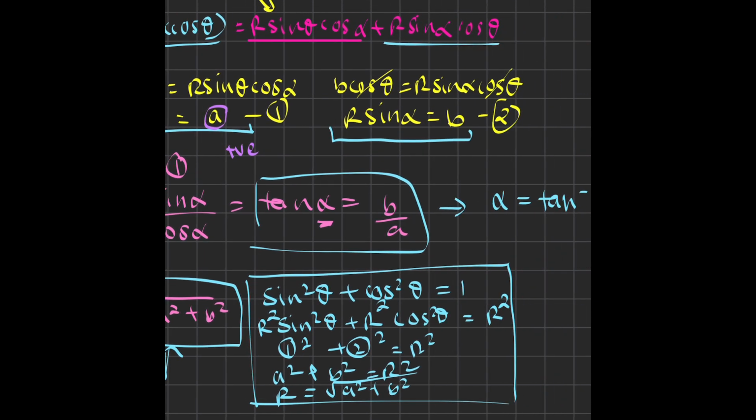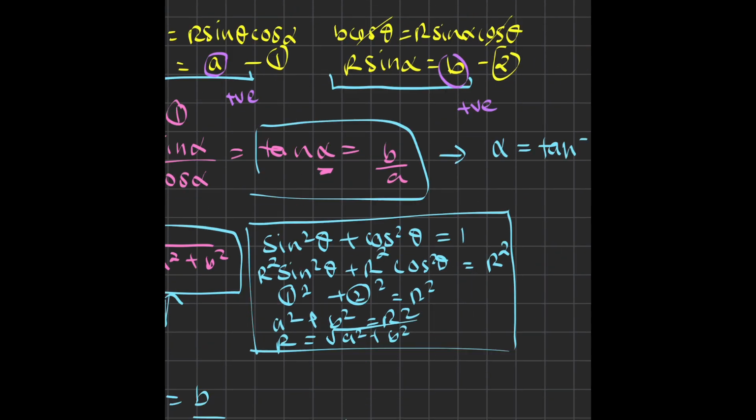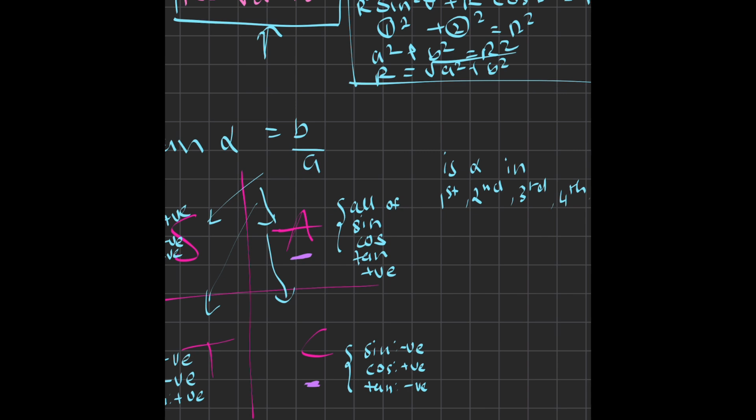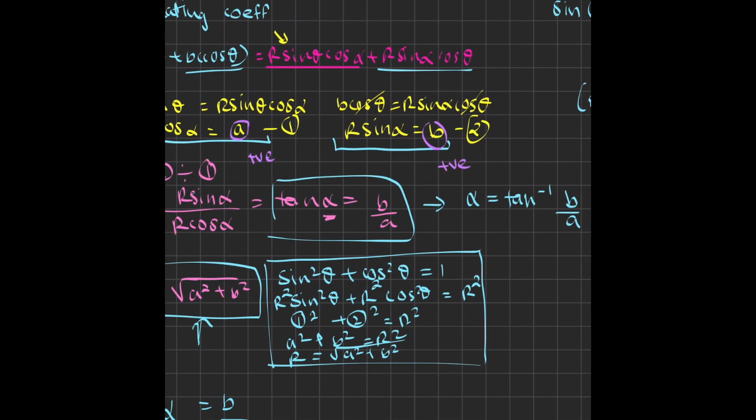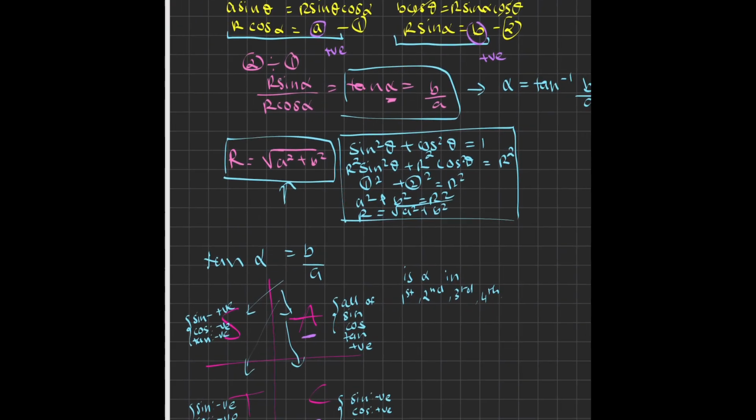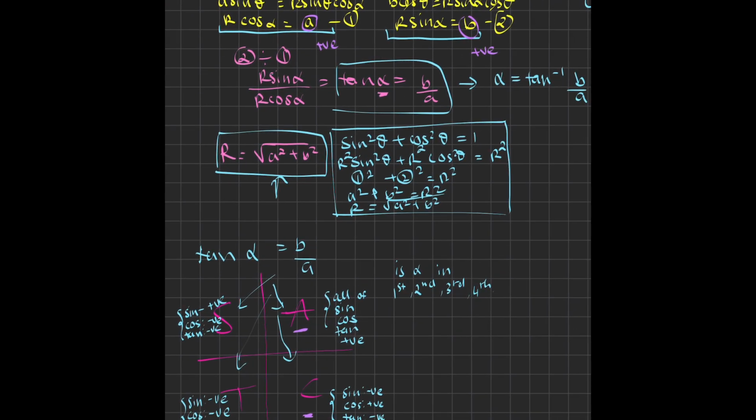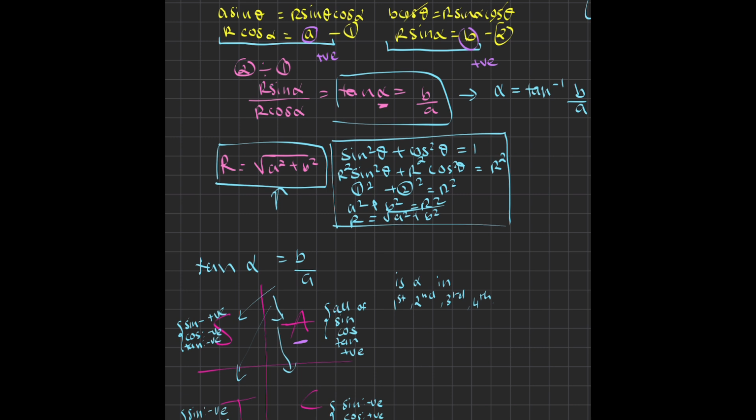Assuming a is positive, now if b is also positive, that means that it has to be in the first quadrant, so alpha will be in the first quadrant. That's how we know that it's in the first quadrant and not, for example, the third quadrant, because that's also where tan is positive. But for tan to be positive in the third quadrant, this value of a has to be negative, and this value for b has to also be negative.